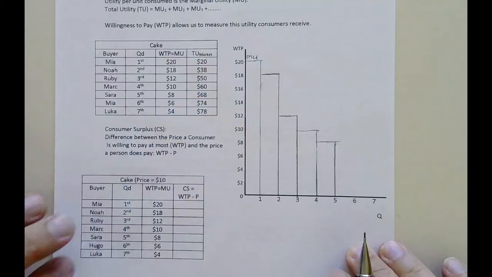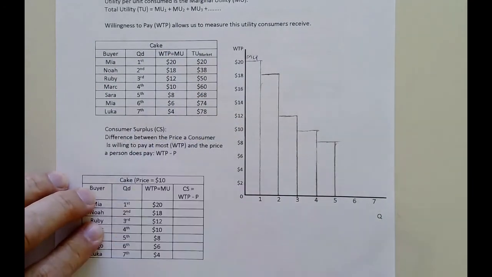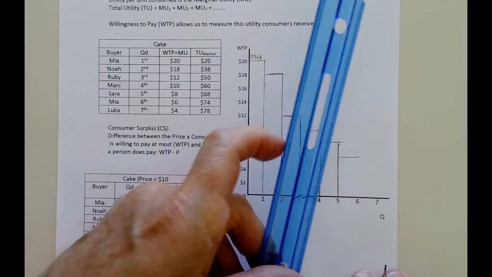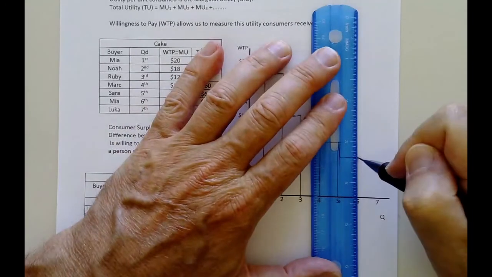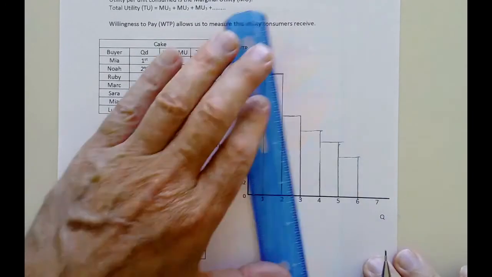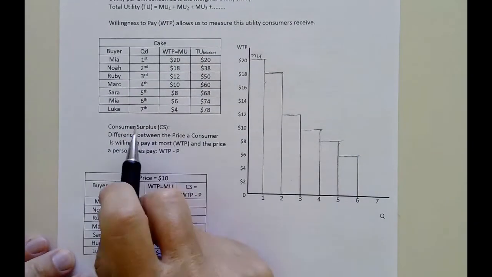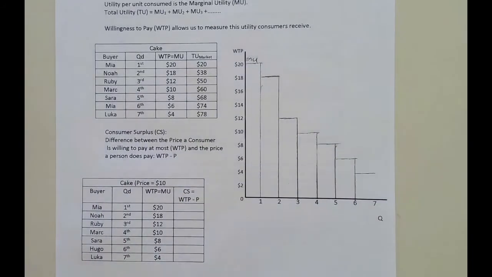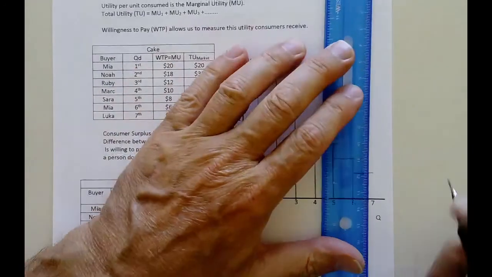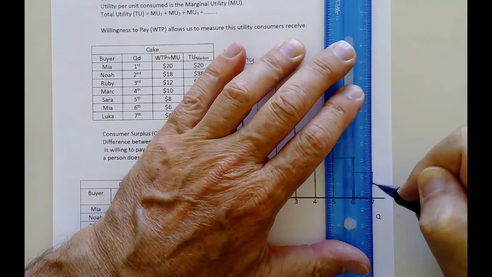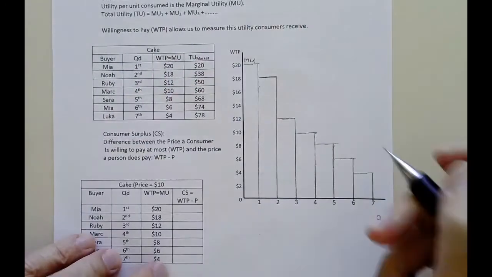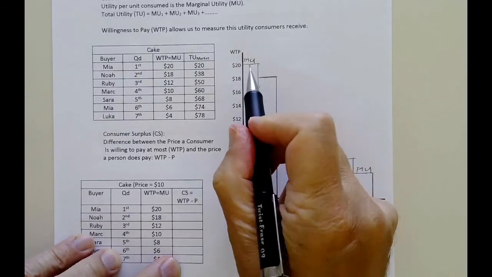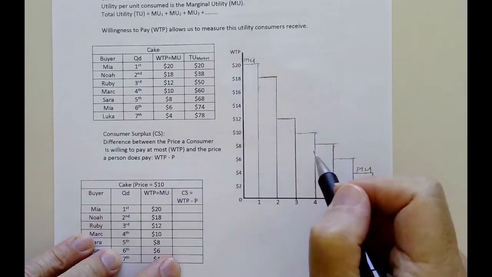Mia's willing to pay 6. And so each bar represents a consumer. And then Luca's willing to pay $4. And again, all these bars represent marginal utility. That'll be for the first cake, second, third, fourth, fifth, sixth, seventh.